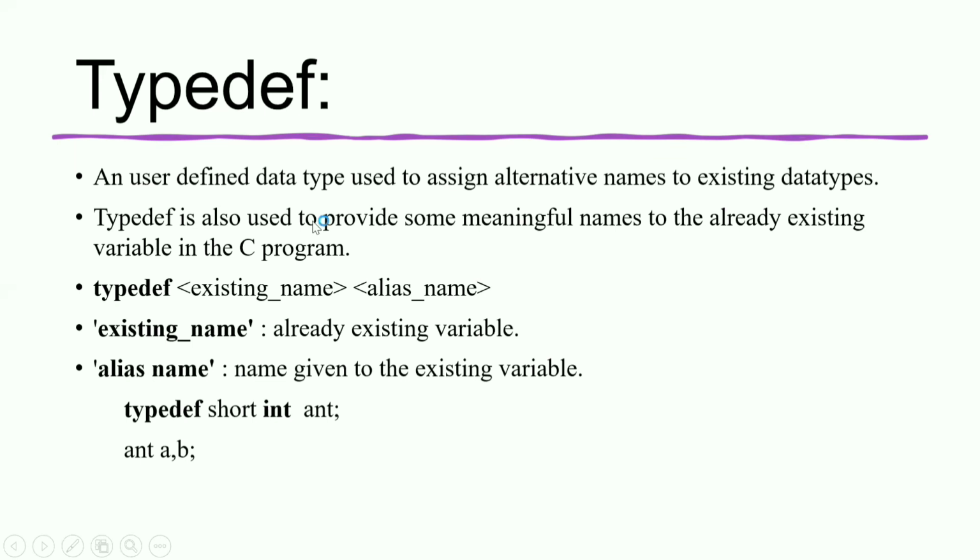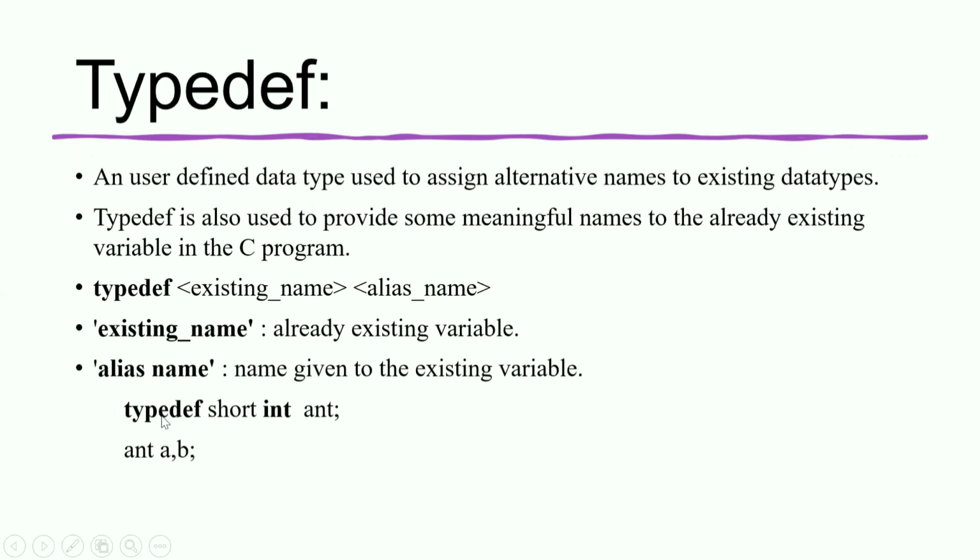We'll see the syntax of the typedef. First, we have to write typedef, then the existing name, for example, int, then alias name, for example, unit. So existing name is already existing variable name or predefined keyword, and alias name is given to existing variable.